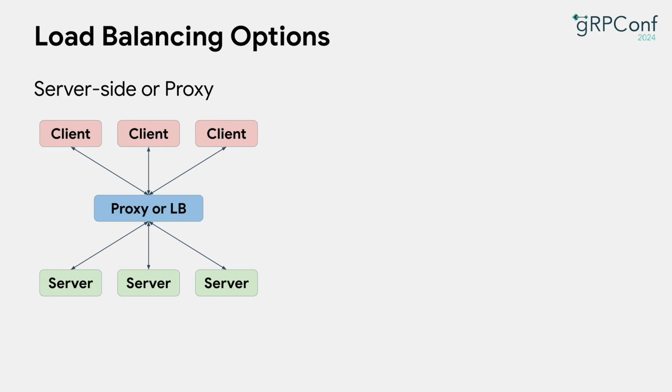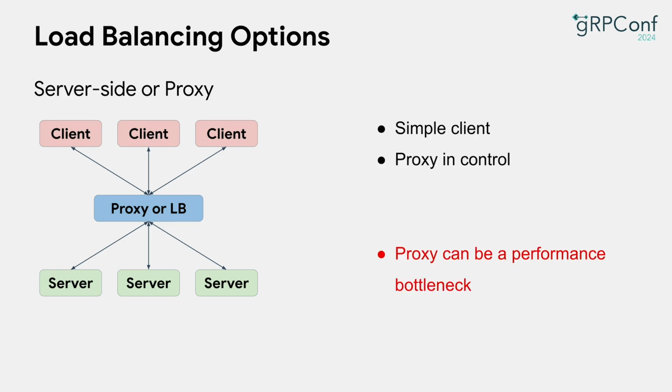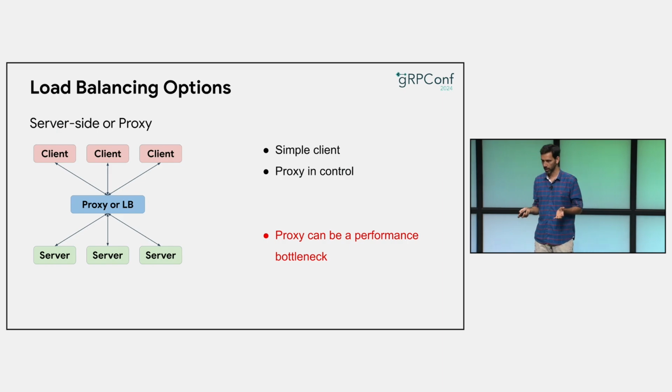An example of this would be a Google front end or something like an Nginx. So the advantage with this option is that the clients can be super simple because the clients do not need to know where the server backends are running. They don't need to know how many of them are running, how loaded they are, or anything about the server backends. They just talk to the proxy, and the proxy takes care of everything else.